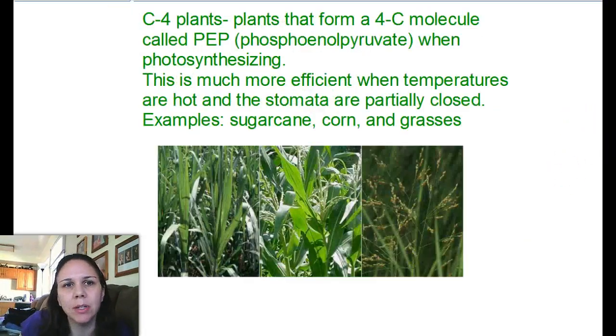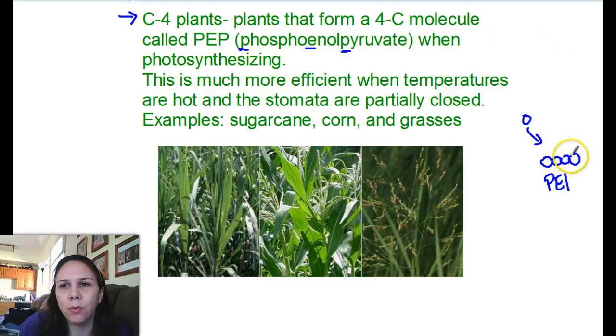Okay, the next type we have are called C4 plants. C4 plants because as they're doing photosynthesis, when the carbon dioxide comes in, instead of making a 3-carbon molecule, it makes a 4-carbon molecule called PEP, which stands for phosphoenol pyruvate. There's the P, there's the E, there's the next P, so we'll just call it PEP.